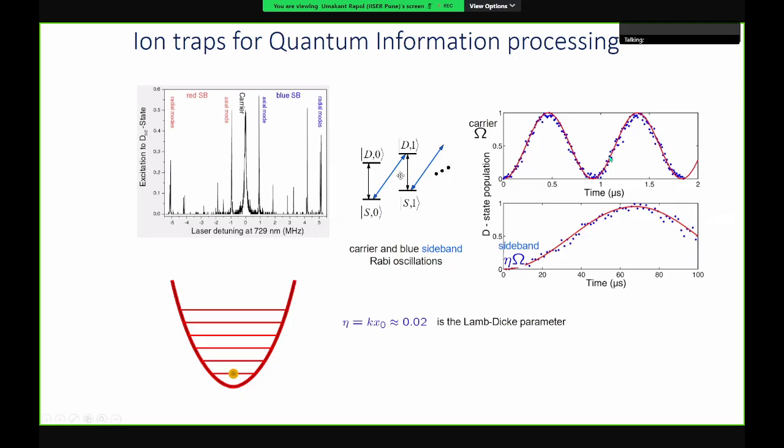So you can do Rabi oscillation on this S to D, plus you can also do a Rabi oscillation together on, say, one motional mode, in this case from 0 to 1 and so on. So these are the sideband excitation pulses. With the sidebands, the coupling is smaller because the wave functions of the excited state and the ground state do not perfectly overlap at the same point in space.